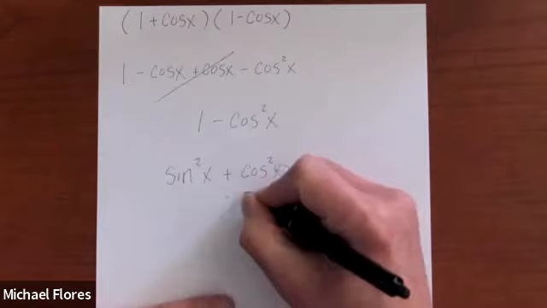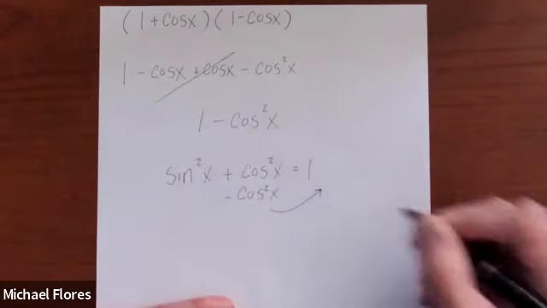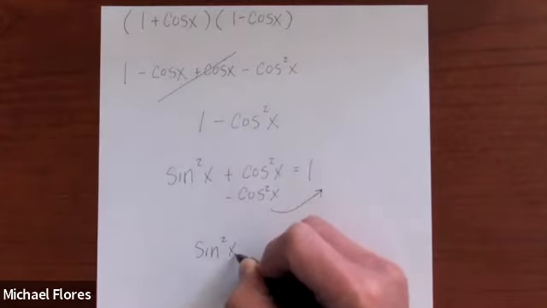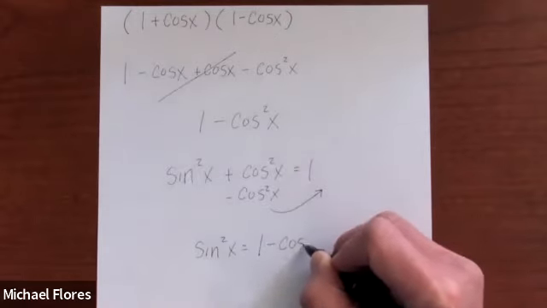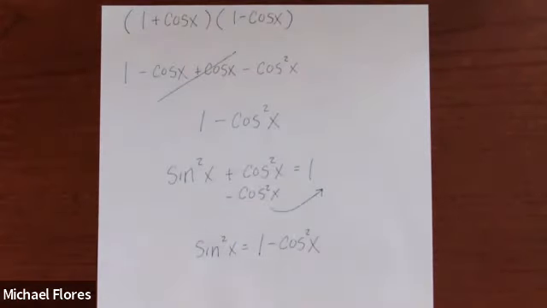So let's subtract cosine. So what's your answer? Good. This one will put you at 70.